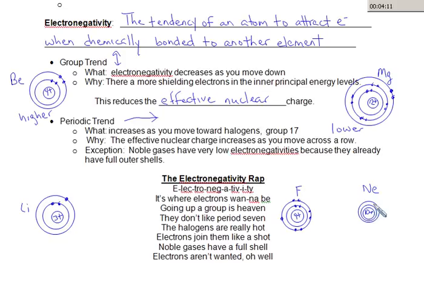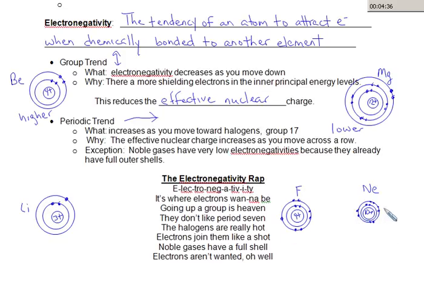And I've exaggerated what happens with the principal energy levels here, mostly because I can't draw very well. So neon is actually very much the same size as fluorine. They're almost exactly the same size. There's actually an anomaly here that I don't want to discuss, so we'll show neon as being smaller than fluorine.